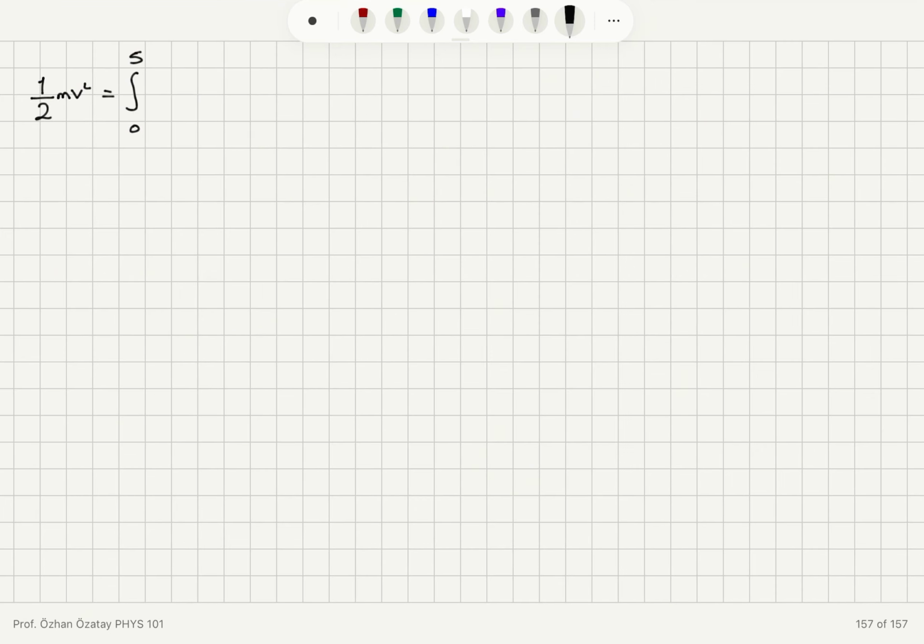So let's have a common denominator. This will make it 2.5 mg (3 plus x) minus mg (5 minus x), divided by 20, common denominator, dx.